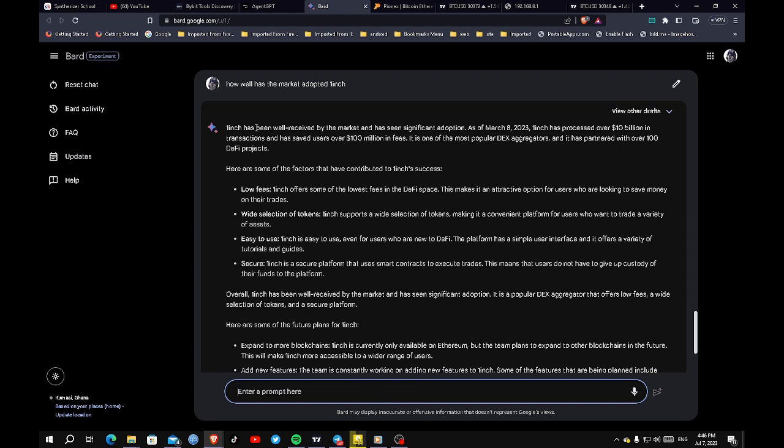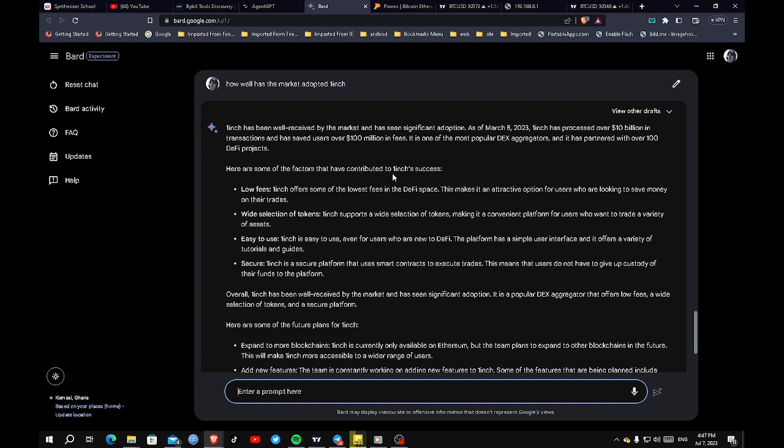So it goes on to say that 1inch has been well received by the market and has since seen significant adoption. As of March 8, 2023, 1inch has processed over 10 billion in transactions and saved users over 100 million in fees. It is one of the most popular DEX aggregators and has partnered with over 100 DeFi projects.